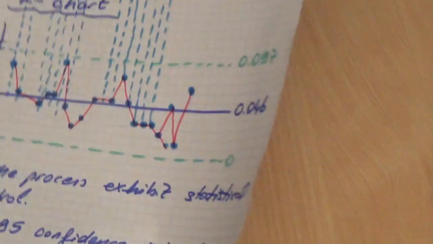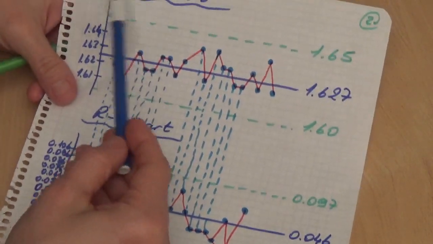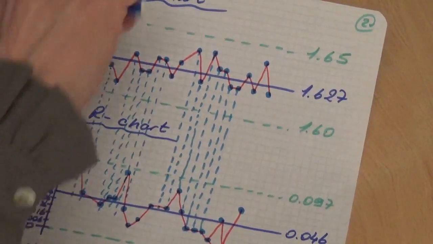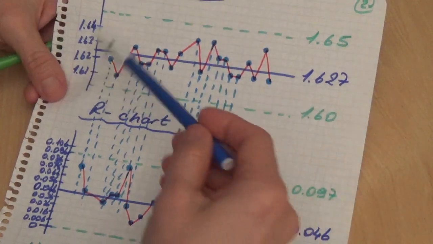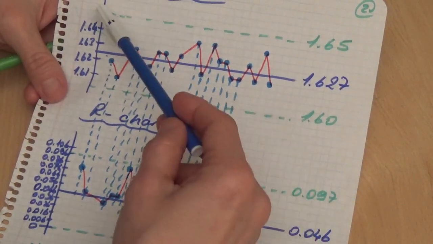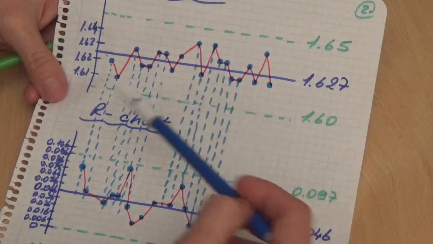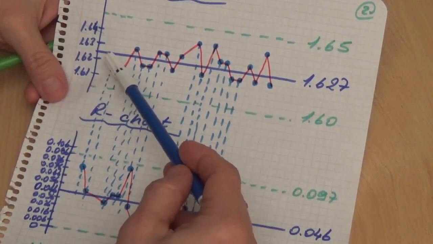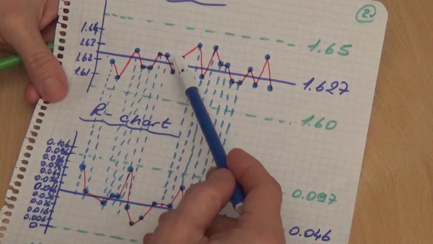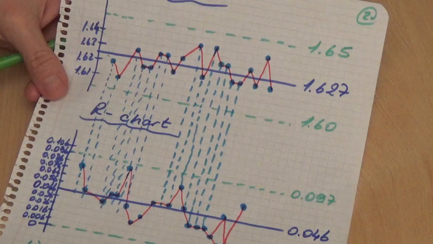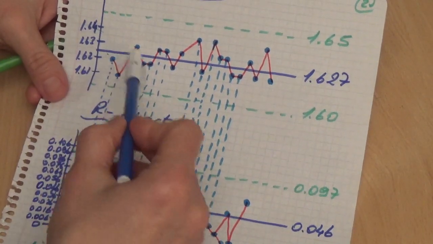So generally, we draw x bar chart above the r bar chart. So when we put the limits, label the limits, and then try to point each measurement on the control diagram, and we have this value.